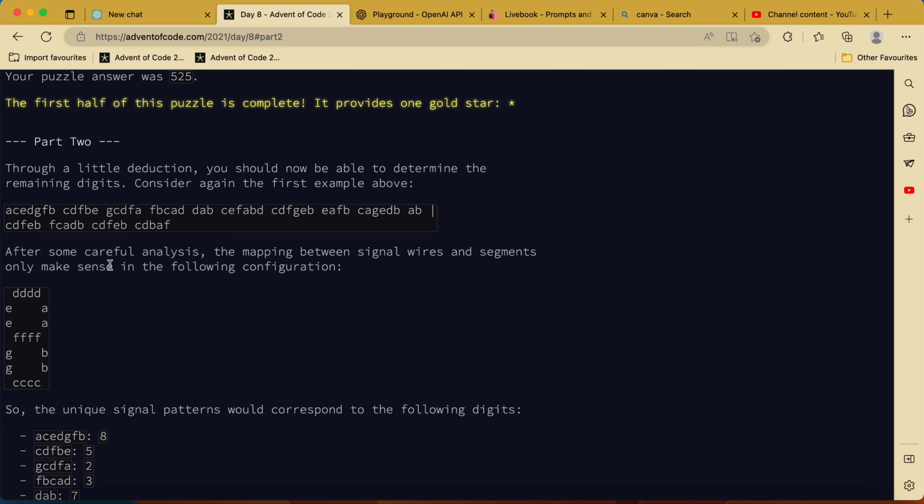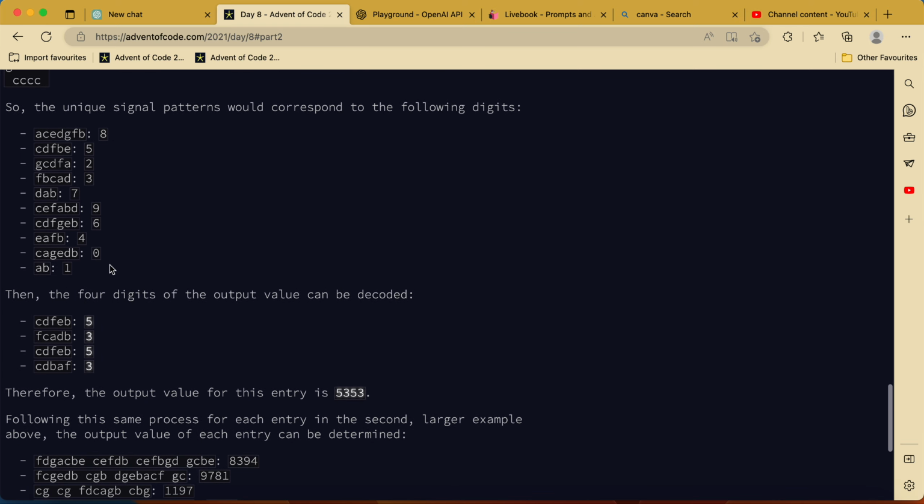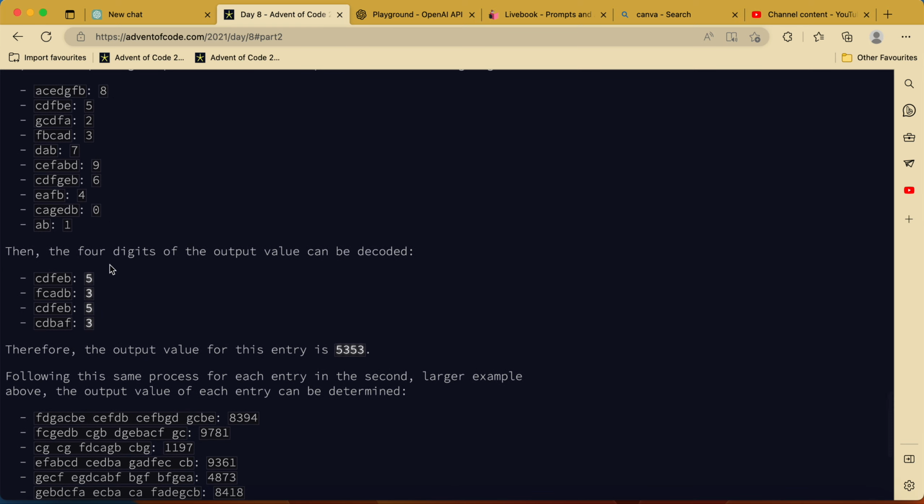In part 2, we need to do a little deduction and be able to determine the remaining digits, and this time be able to count all of them.